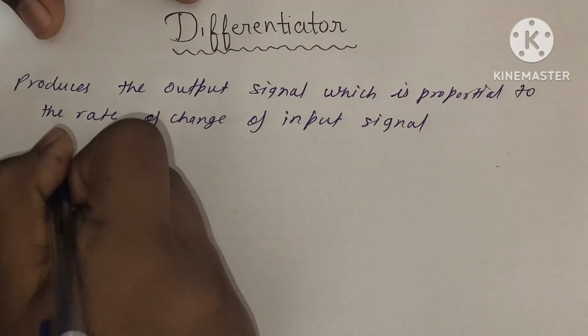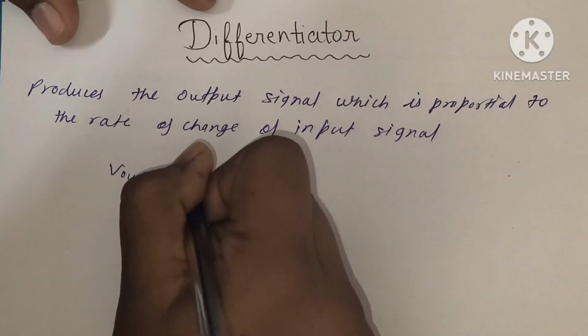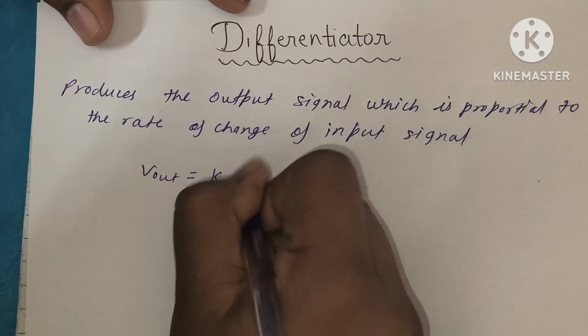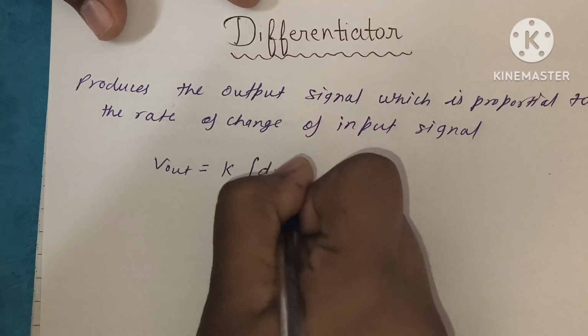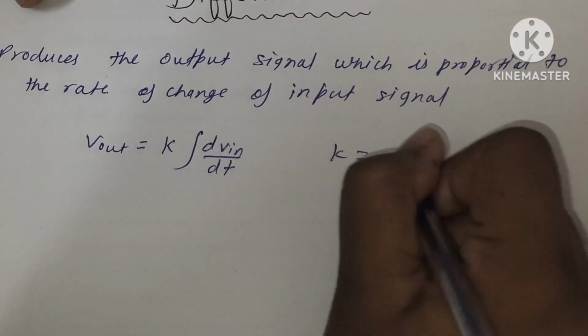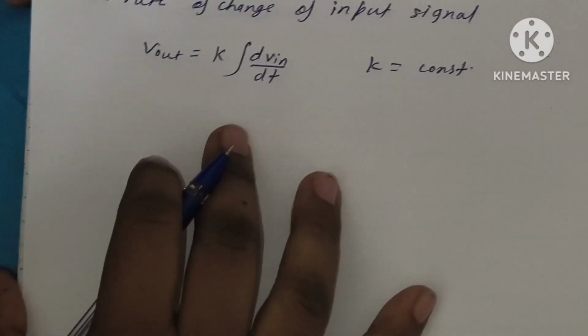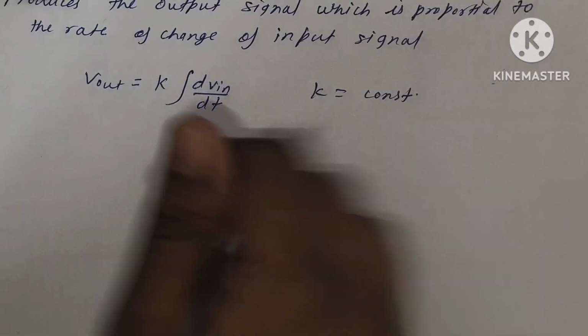It means V out is K dV in by dt, where K is any constant. Now we will see the circuit diagram of the differentiator circuit.